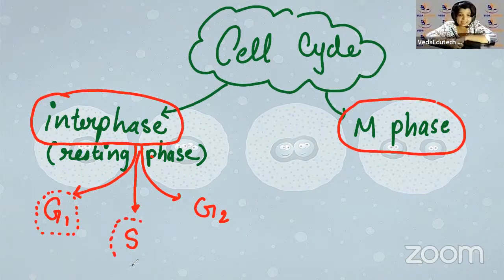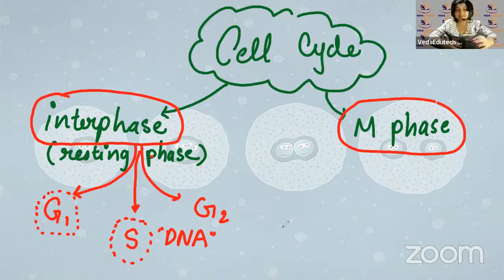S stands for synthesis. G is for gap 1. S is for synthesis phase. So what are you synthesizing here? DNA. What is the single most important cell organelle which controls the entire cell? DNA, nucleus, right?